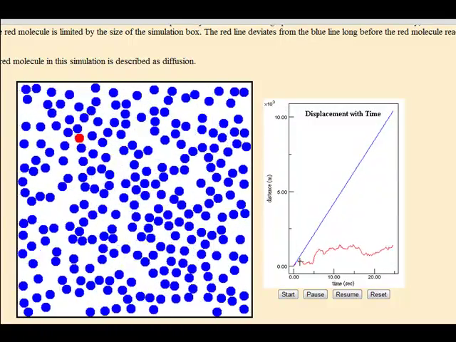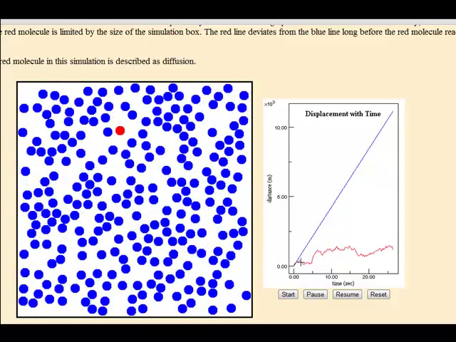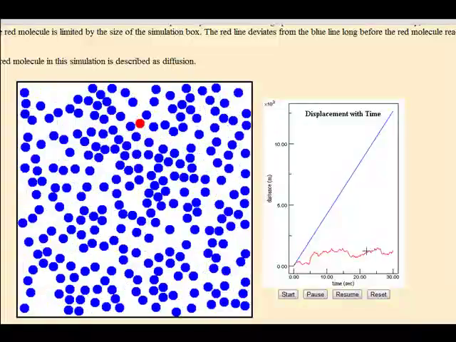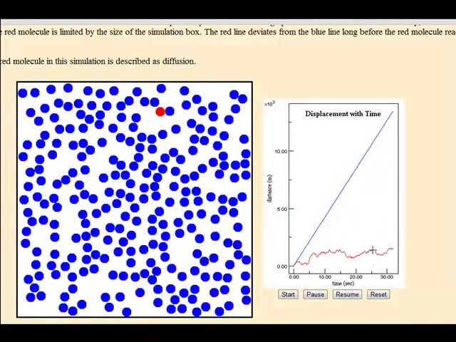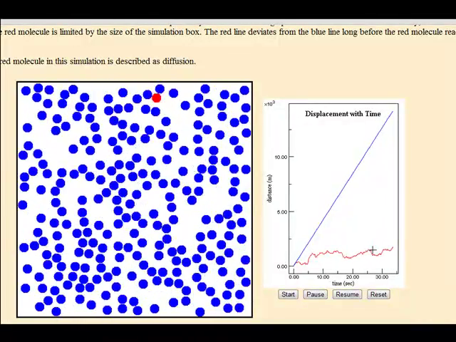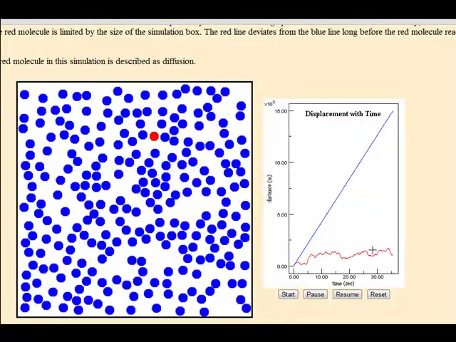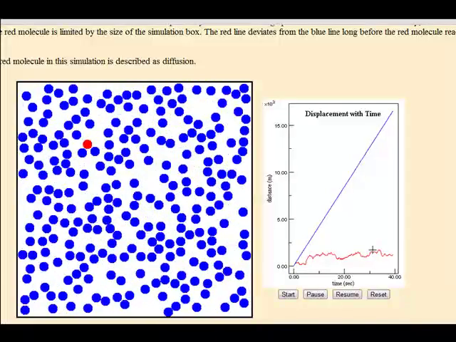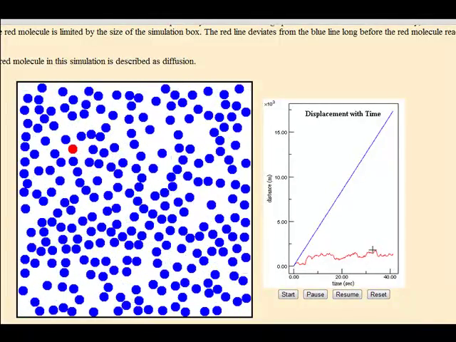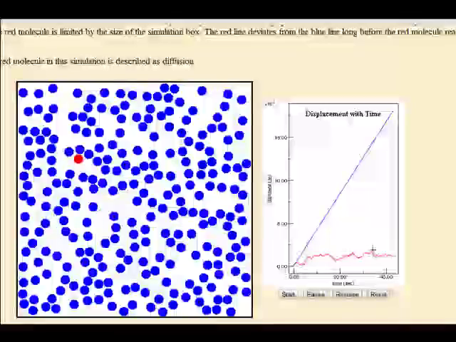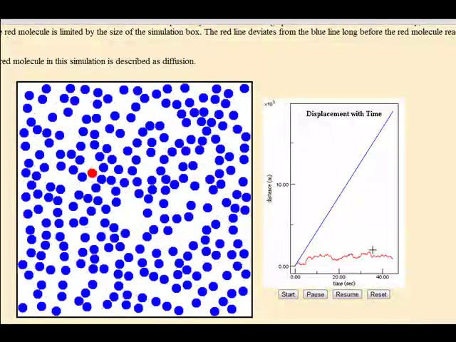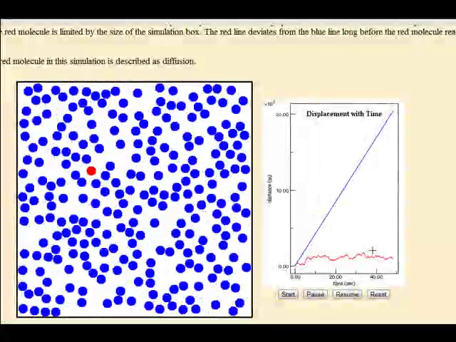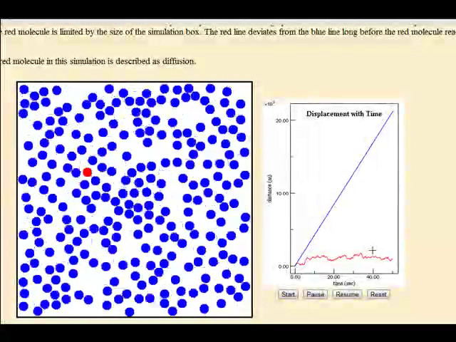However, its distance from its original location is represented in the red line. As you can see, the red gas particle is moving back and forth and side to side, but it's not able to move very far from its original location because it is colliding into so many other gas particles in between.